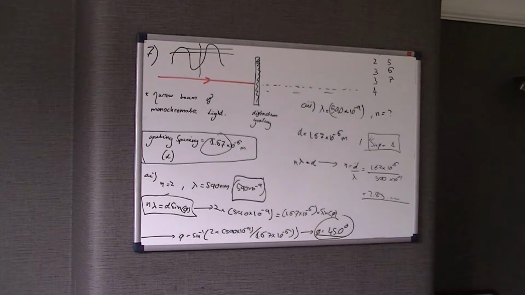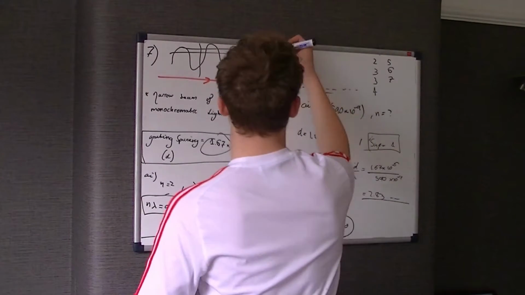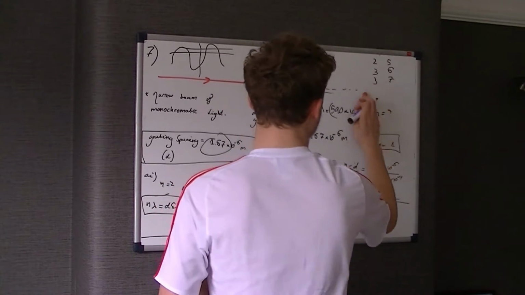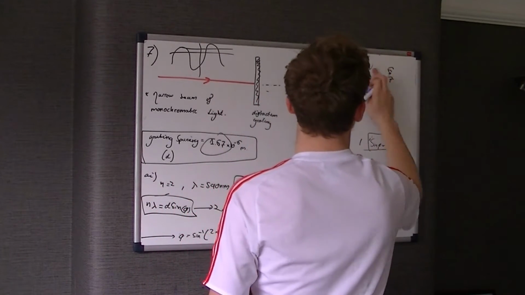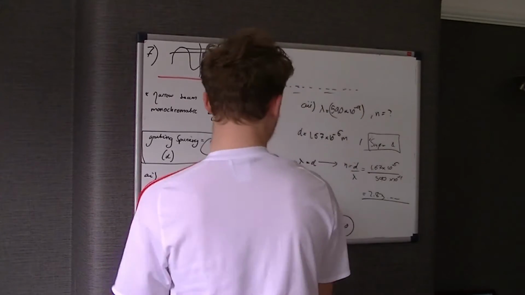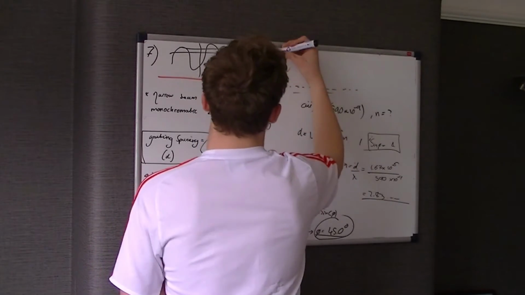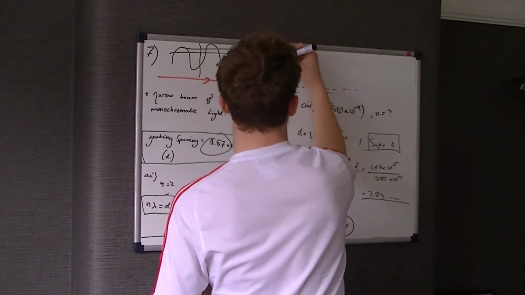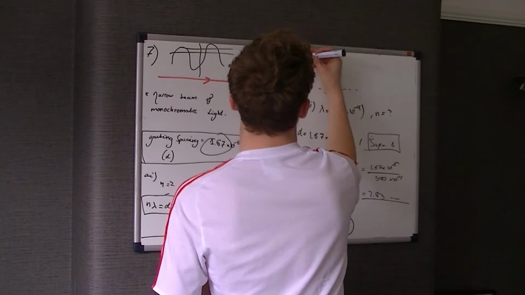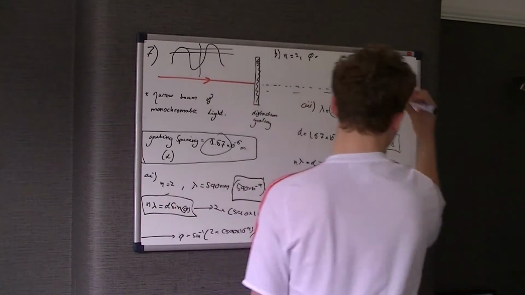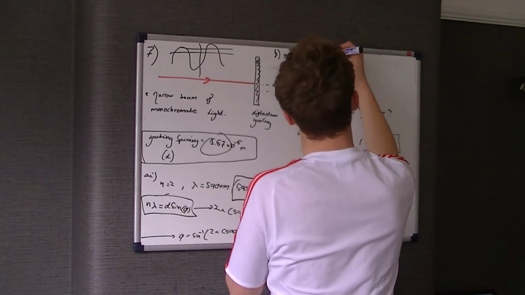The measurement of the angle of diffraction of the second order beam, so say little n equals 2 again, gives a value of 42.1 degrees. So label out what you know, like you have done for all the other questions so far. We know it's the second order, and this gives an angle of 42.1 degrees.